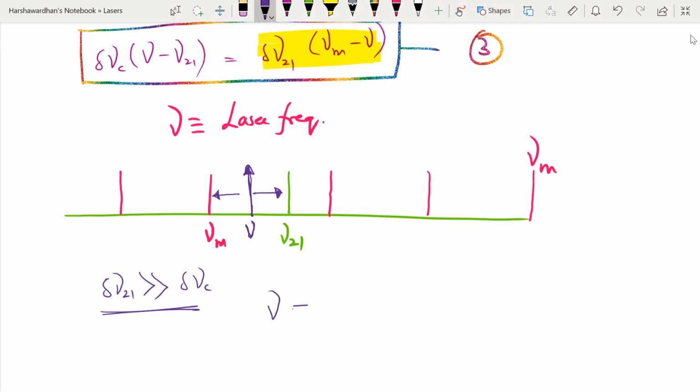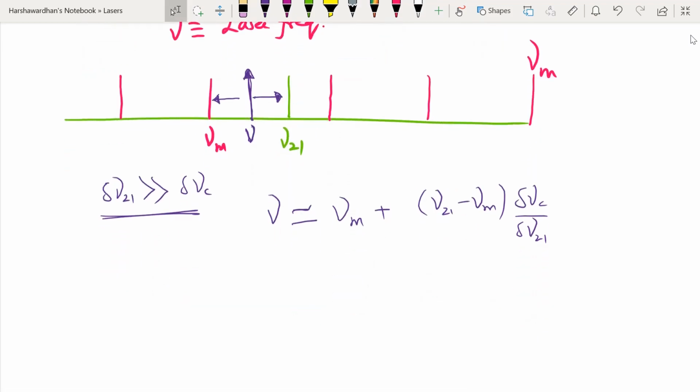My nu can be written as almost equal to nu_m plus (nu_21 minus nu_m) times delta nu_C by delta nu_21. Remember that this is a small quantity, so I am limiting myself to only the first order. So imagine that there are multiple longitudinal modes within the cavity. Now the bracketed ones are the lasing frequencies. So I'm looking at nu_(m+1) minus nu_m.